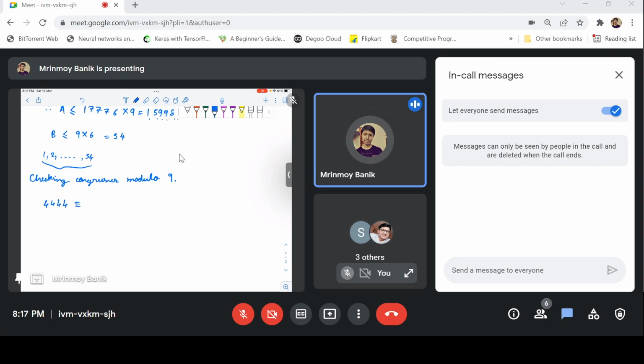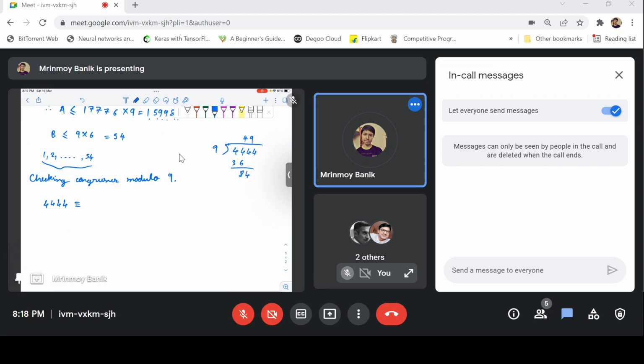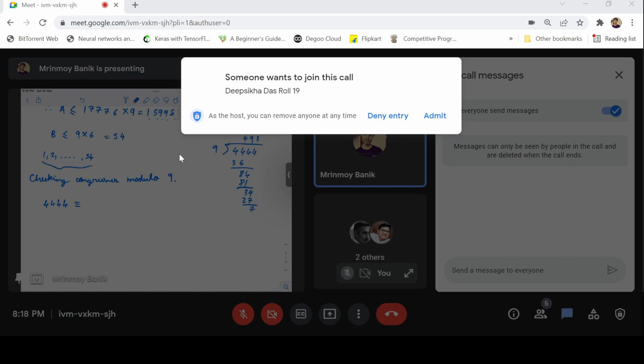So what is the first number 4444 congruent to? Dividing by 9, we get a remainder of 7.